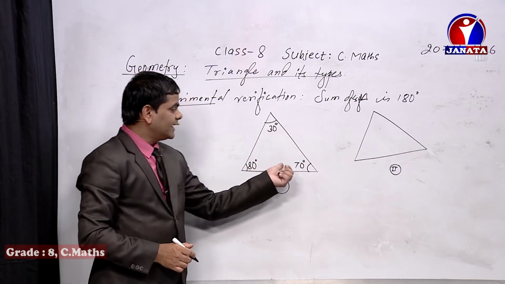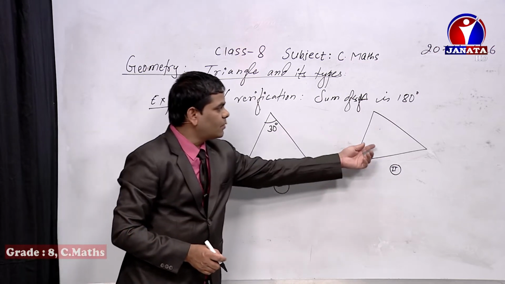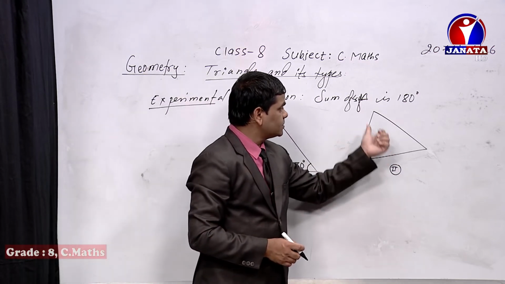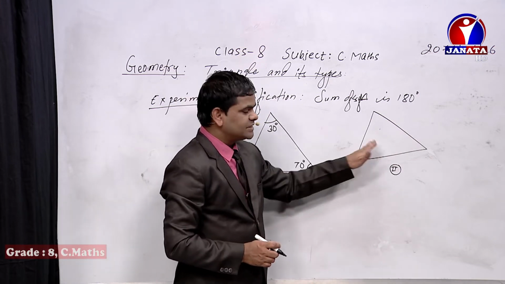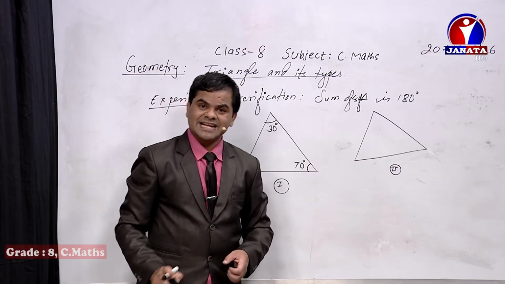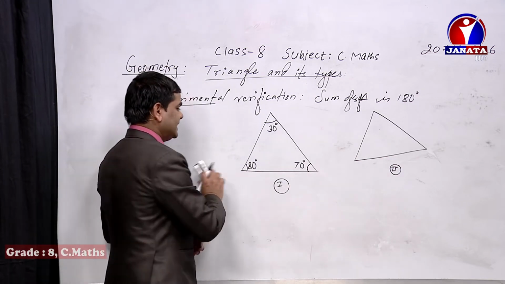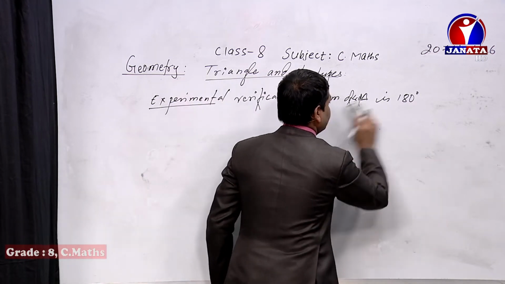Anyhow, we'll get the sum of the angles of a triangle as 180 degrees. Measure the angles of this triangle as well using the protractor, and you will get the sum of angles as 180 degrees experimentally as well. So this is the process of doing experimental verification.